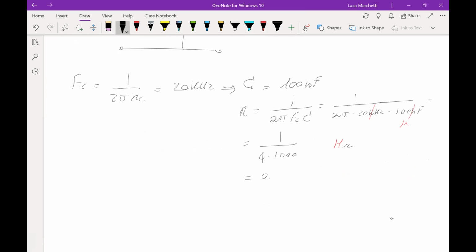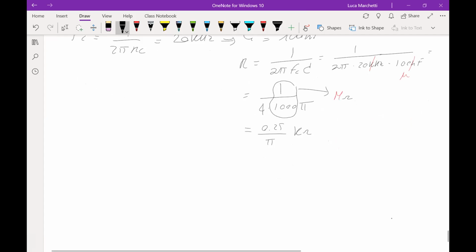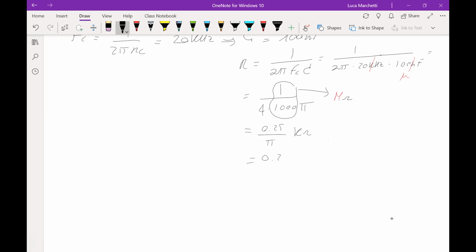I think I forgot pi, right? This will be 0.25. 1 divided by 1000, we can put in the units, so they become kilo. 0.25 pi kilo ohm. And then it becomes 0.25 divided by pi kilo ohm.